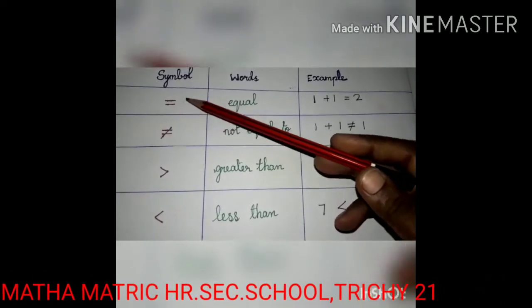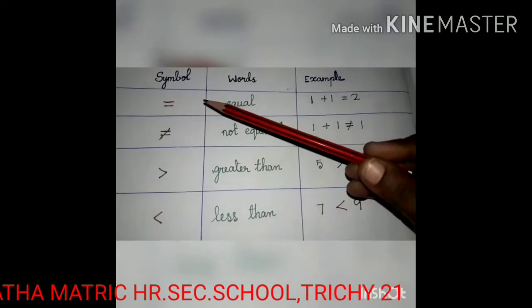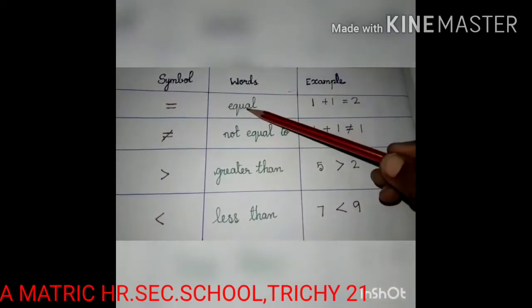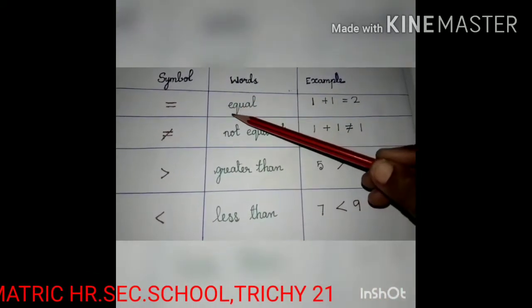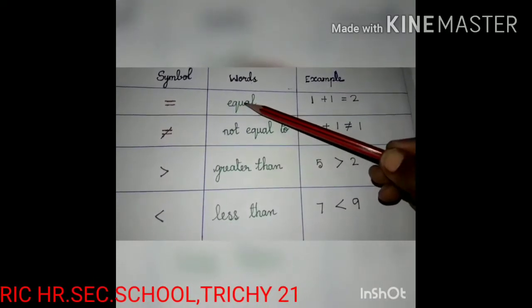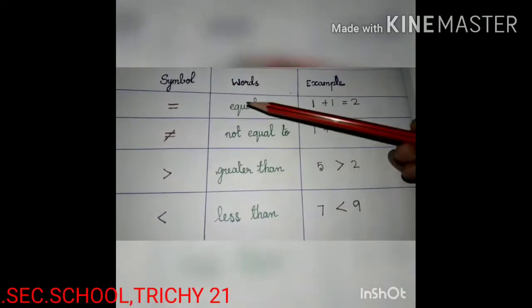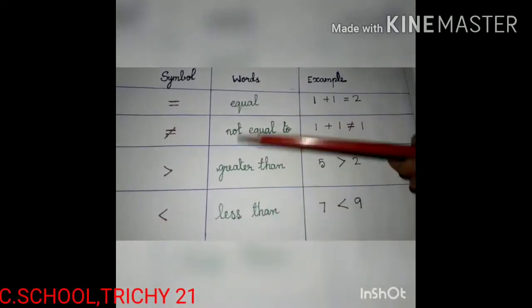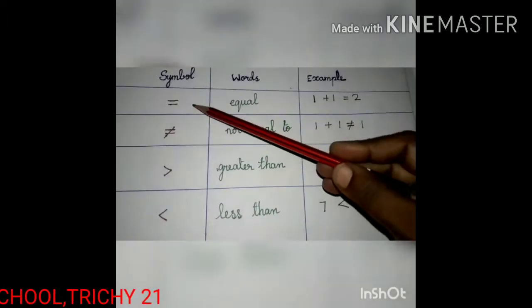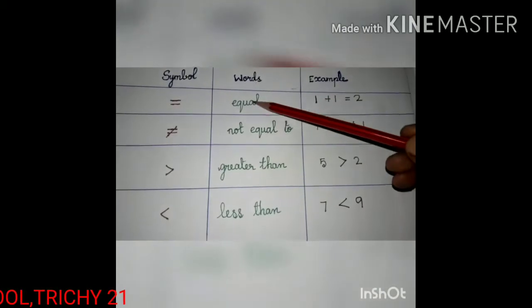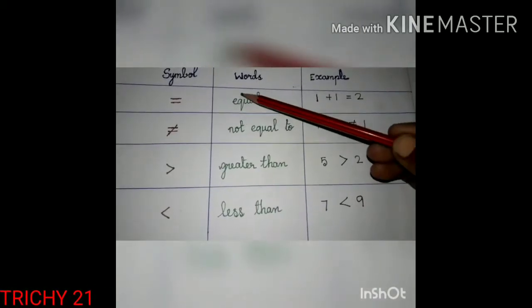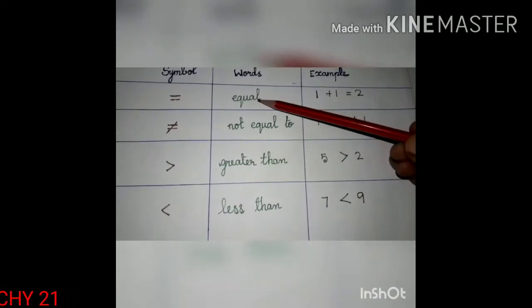Equal. What is the spelling for equal? I write this in words here. See, symbols are here. Then for that I give words. See, equal sign. For that I have given the spelling here.